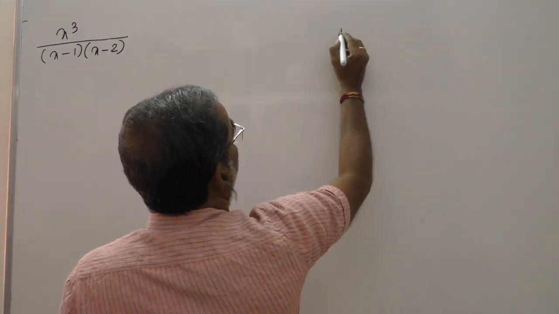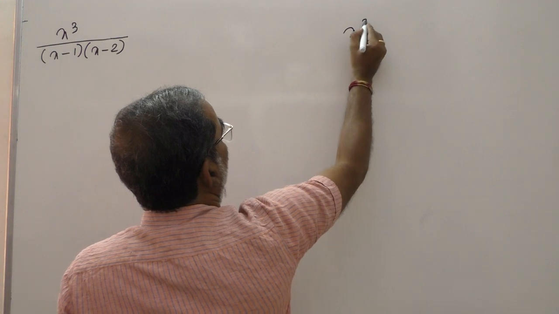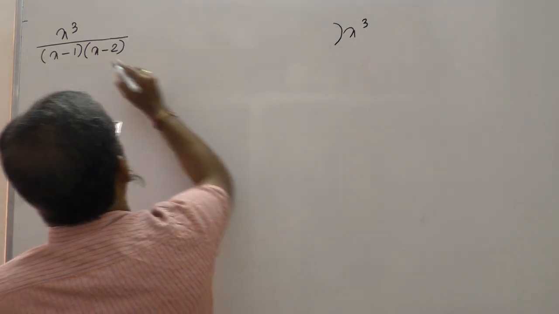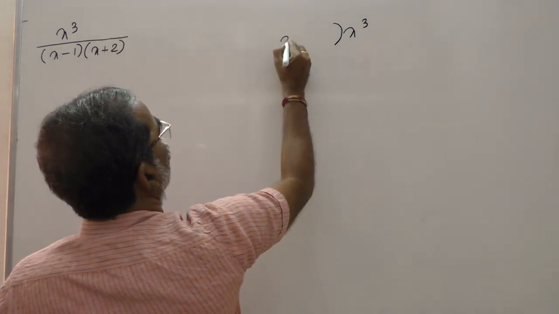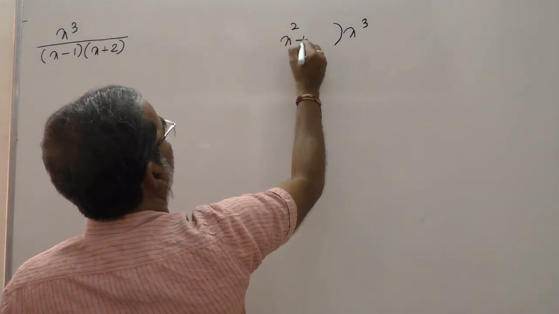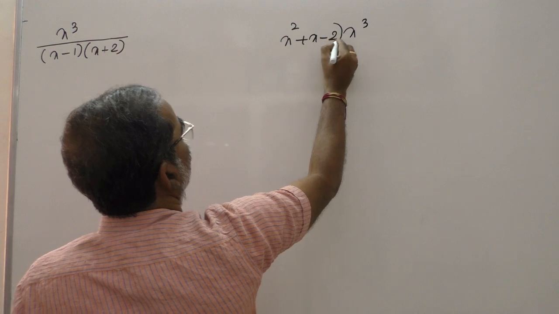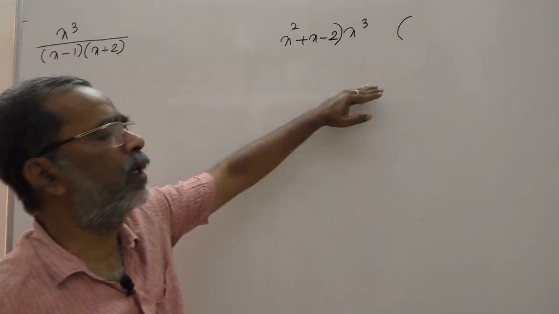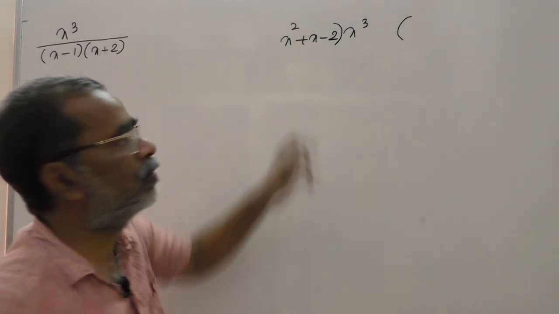Here you must make a division. So you should divide x cube by the product of these two, which is x square plus x minus 2. Dividing this, you should continue until you get a remainder of degree less than the divisor.